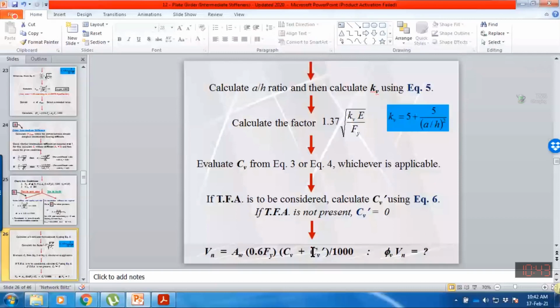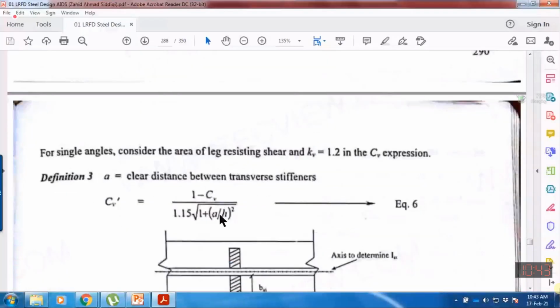Here an important point is that for the first intermediate stiffener, we are not considering tension field action because at the end the applied shear force is larger, so we want to have more factor of safety. For the second intermediate stiffener, we can consider the post buckling strength contributed by tension field action. So the CV prime value will be computed by using this equation, which is a function of the CV value and the A over H ratio.